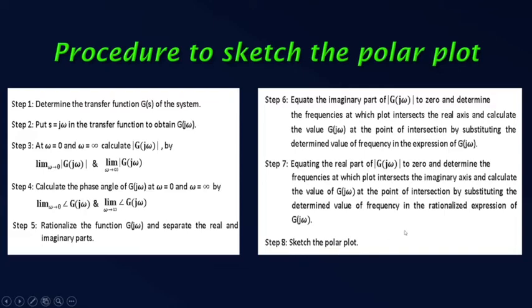Sketch the polar plot. The above procedure is used to sketch a rough polar plot. However, a more detailed plot can be drawn by calculating the magnitude M and phase angle phi of the given transfer function at different frequencies in the range 0 to infinity. So I will explain polar plots with some examples.